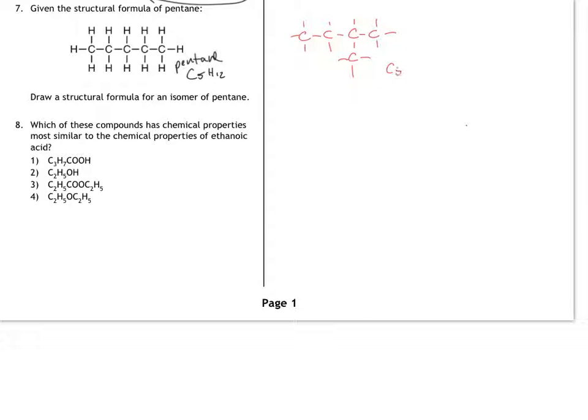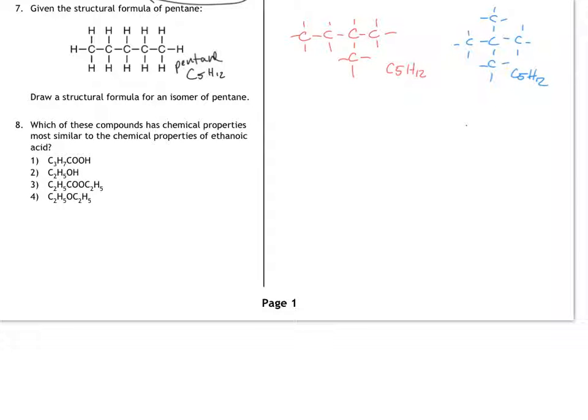So this is C5H12. And the other one, which is slightly weirder, is to put in your 5 carbons like this. And then you can really easily see that there are 12 hydrogens around the 5 carbons. So those are the 2 that I would consider drawing for that question.